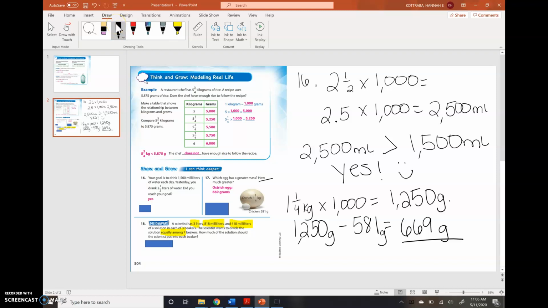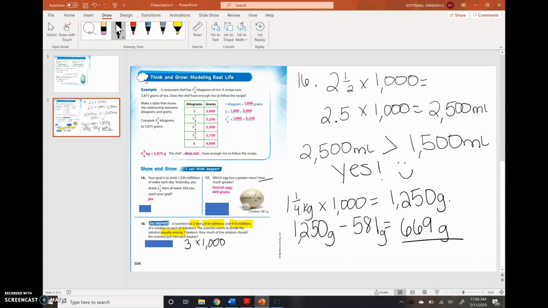Okay. Well, first, hopefully you notice, hey, these are not all in the same unit of measurement. We have liters and milliliters, and we don't really want to work in that. We want to make this as easy as possible on ourselves. So let's go ahead and convert the 3 liters into milliliters, and we do that by multiplying by 1,000.